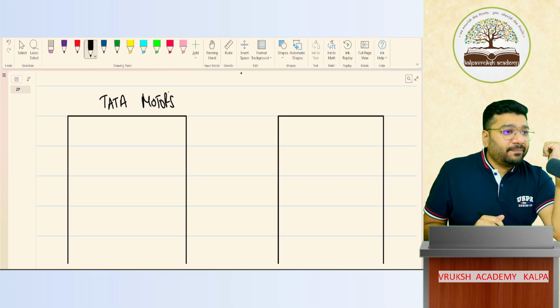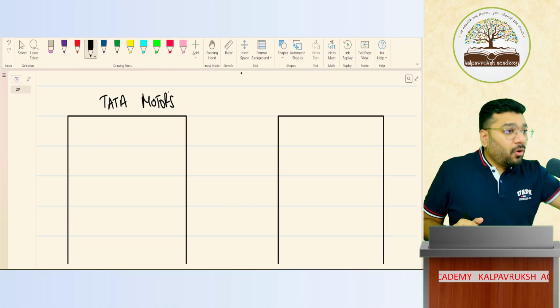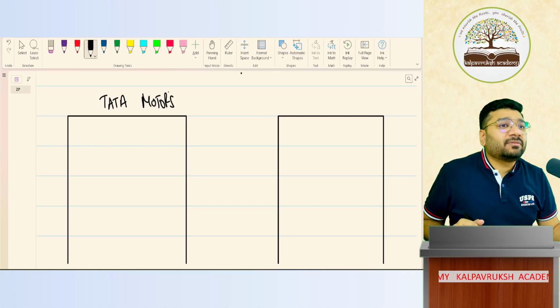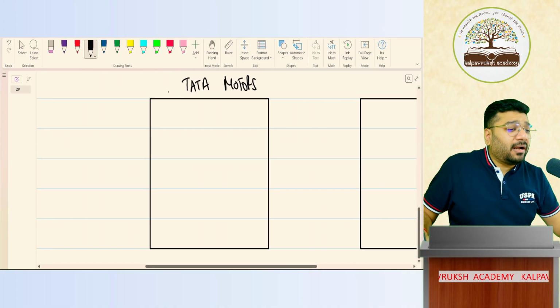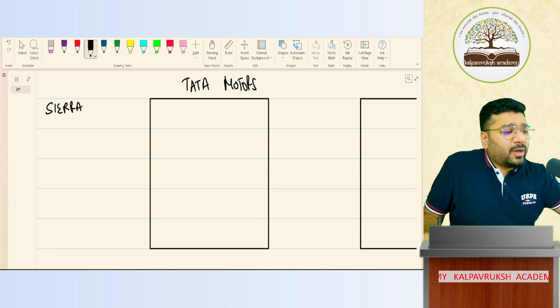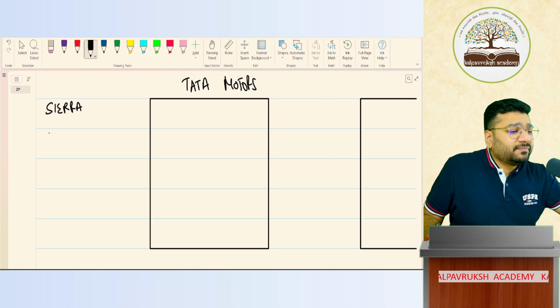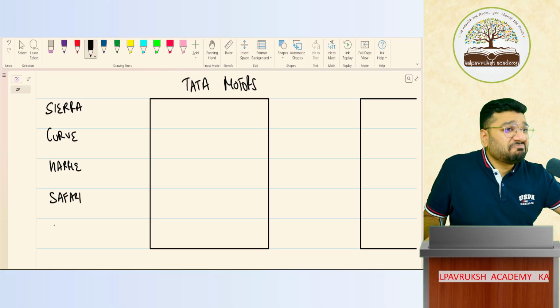And behind the showroom or somewhere a little far off, they will have one yard. It's a big open yard where all the cars are stacked. For example, for Tata, can you tell me what are the different models under Tata? Which is the latest one now? Sierra. Okay, Sierra is one model of Tata cars. Next, Curve. Okay. Then Harrier. Then Safari. Very good. Punch is giving really tough competition to the competitors in the market.